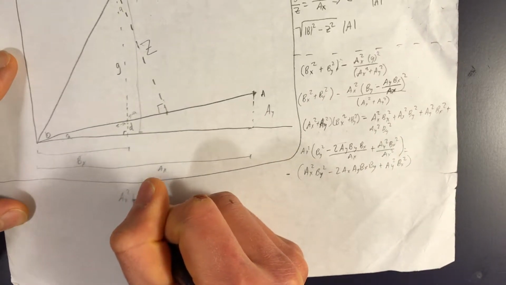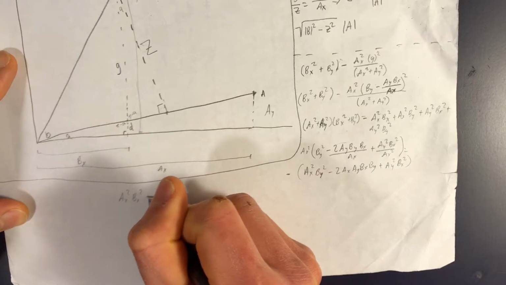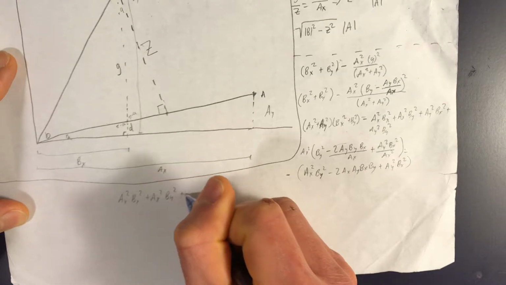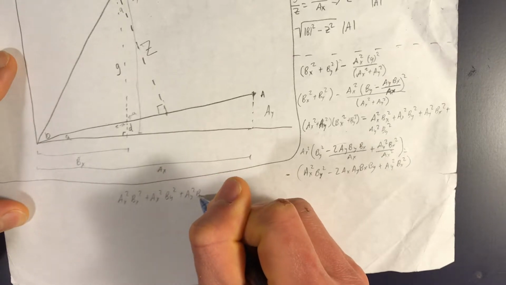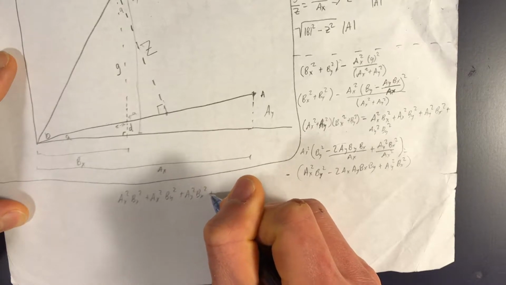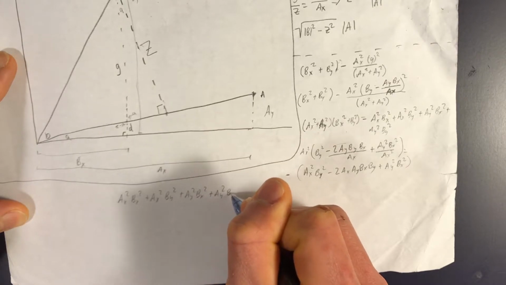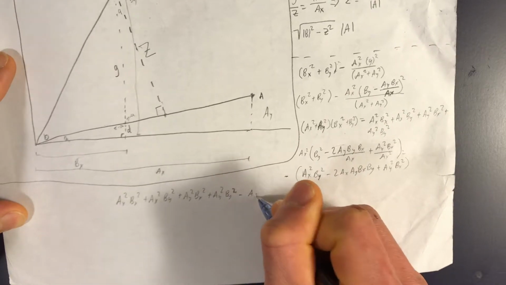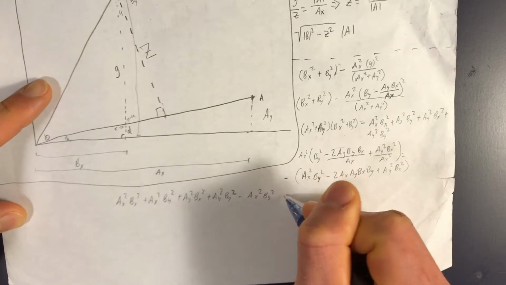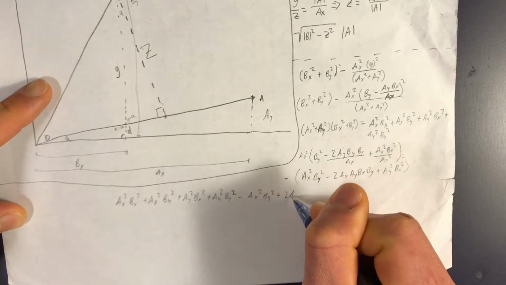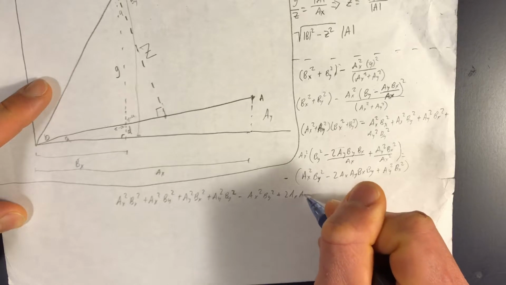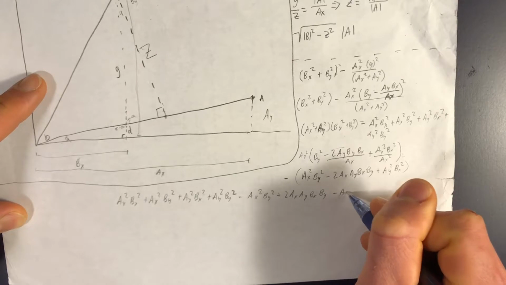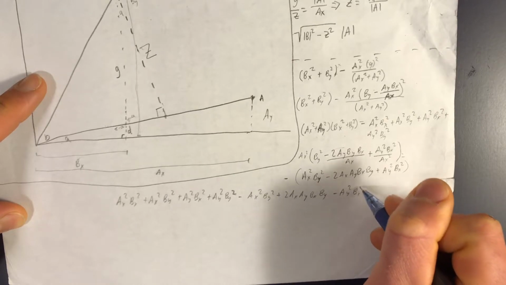Ax squared bx squared, plus ax squared by squared, plus ay squared bx squared, plus ay squared by squared, minus ax squared by squared, plus 2ax ay bx by, minus ay squared bx squared.